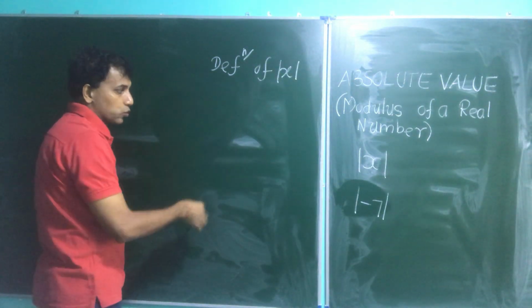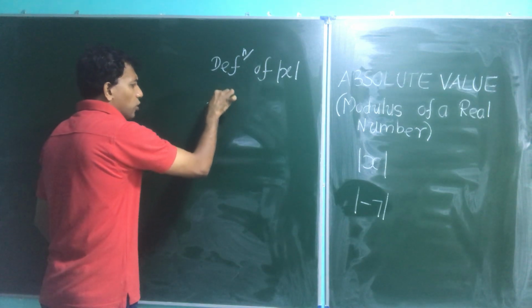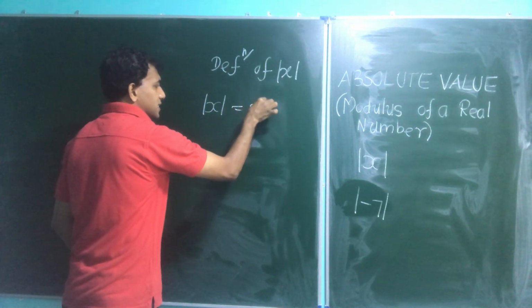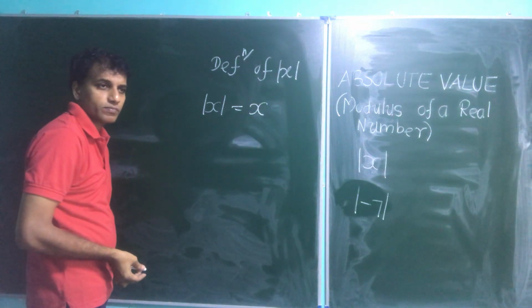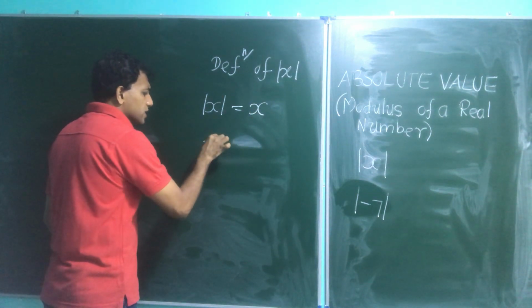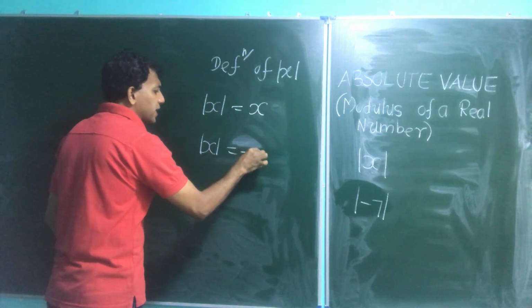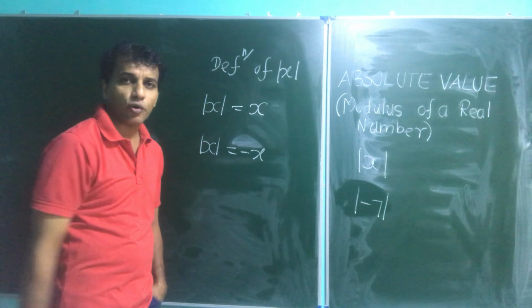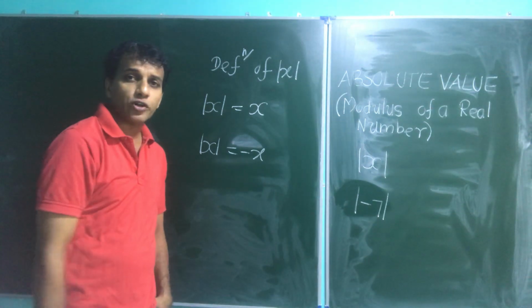Now I am going to show that. See that modulus x is equal to x. Also, modulus x is equal to minus x. So what is mod x equal to x, or mod x equal to minus x?